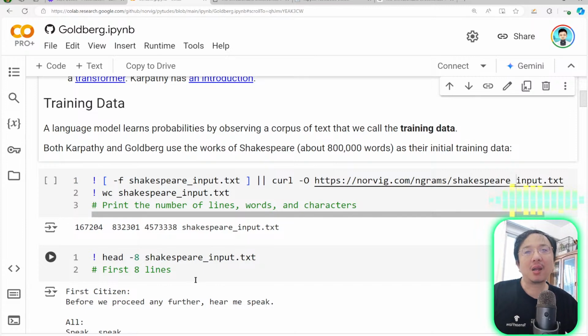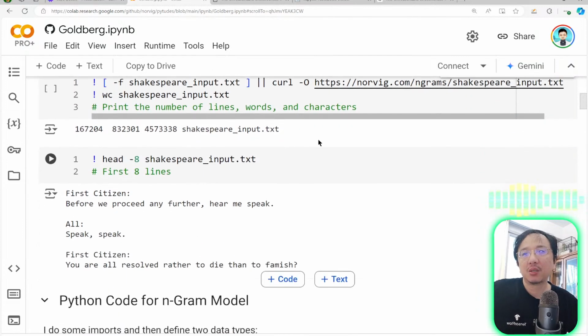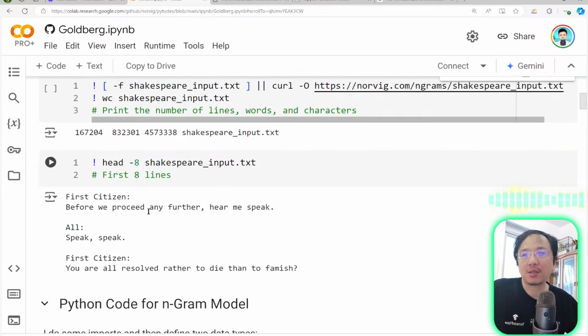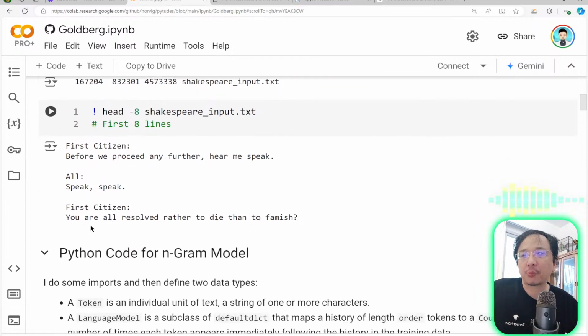Or you can use other language text as well. So you collect your own data for your homework. In this case, we are using Shakespeare's text here. So here's some transcript of Shakespeare's work.